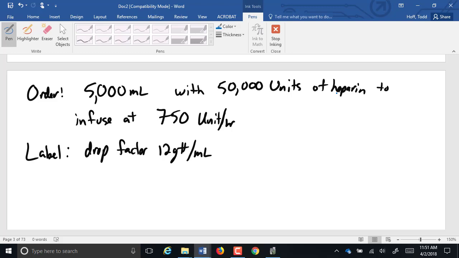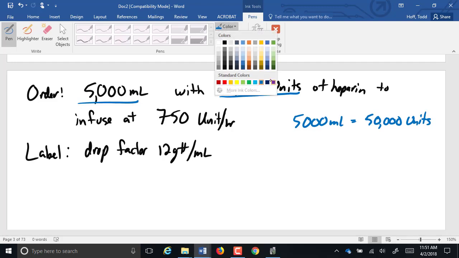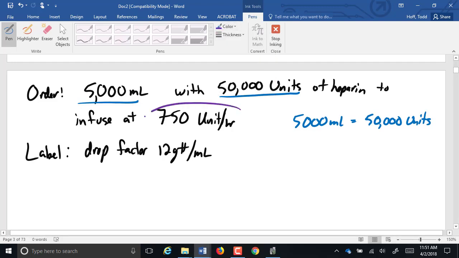So for example, here, it's 5,000 milliliters with 50,000 units of heparin. That is actually an equivalency. That's saying 5,000 milliliters is equivalent to 50,000 units. So our order here is technically the 750 units per hour.